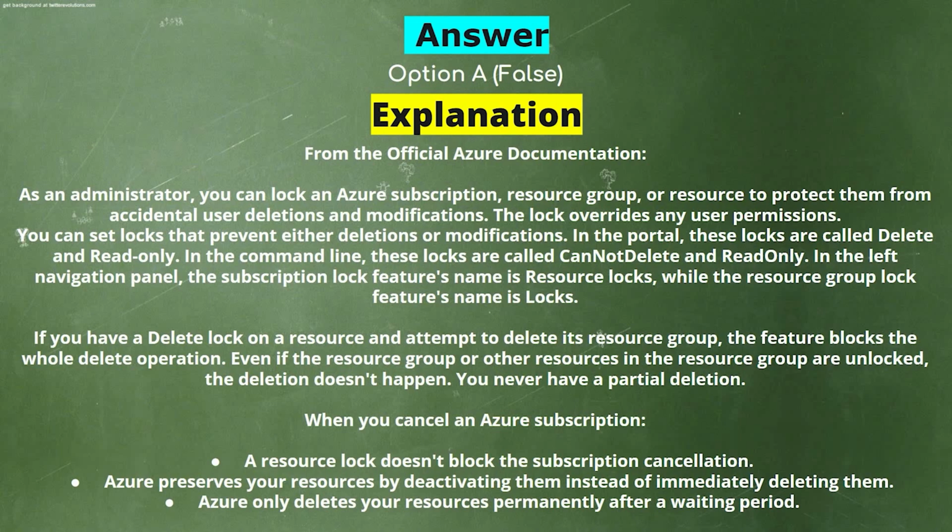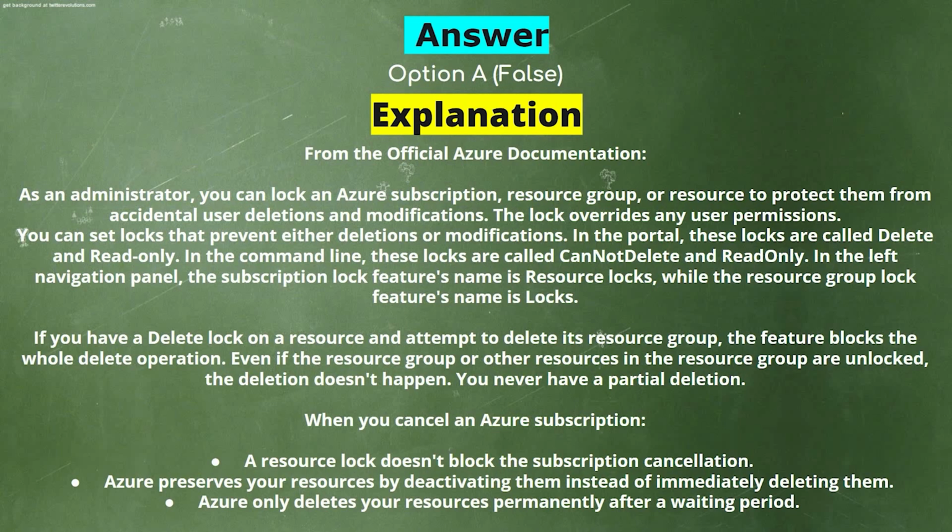In the left navigation panel, the subscription lock feature's name is resource logs, while the resource group lock feature's name is logs. If you have a delete lock on a resource and attempt to delete its resource group, the feature blocks the whole delete operation. Even if the resource group or other resources in the resource group are unlocked, the deletion doesn't happen.